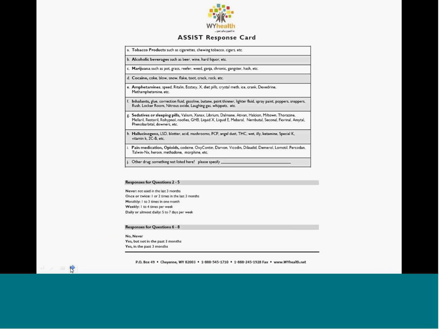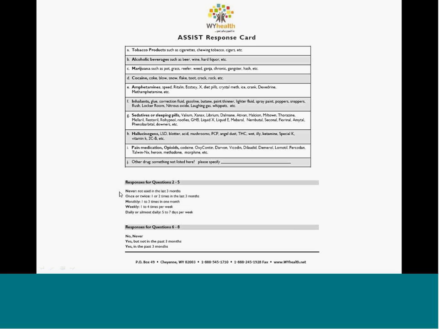This was a laminated card that I handed out, but these cards can also simply be printed out from the website and used that way. All the substances that I ask about during the ASSIST screen are listed here, and as you're going down this list, the patient can be reading along with you. If they have any questions about what these substances are, they can ask you at the time.